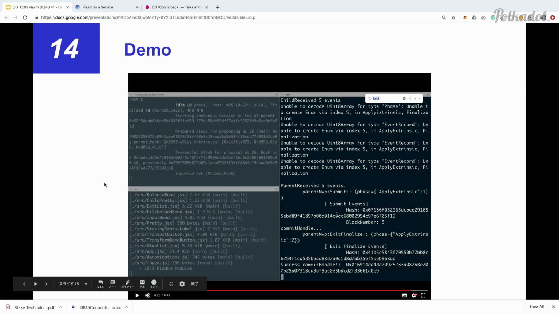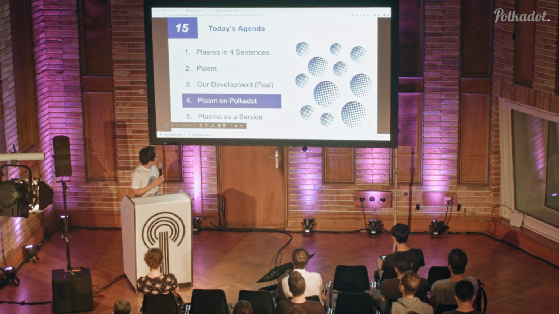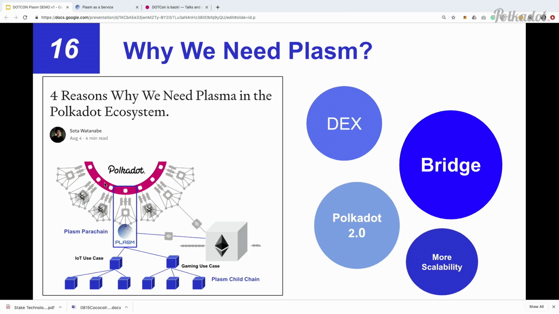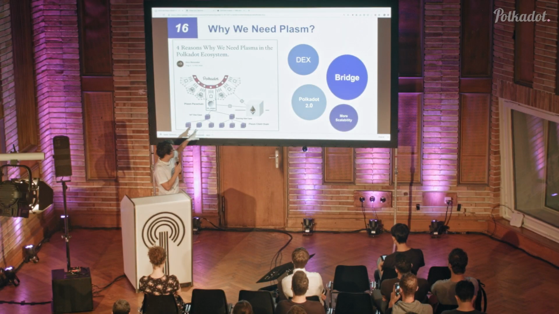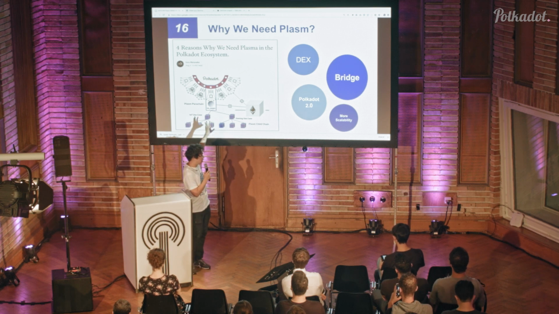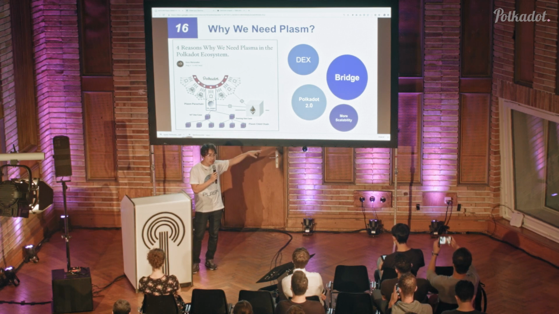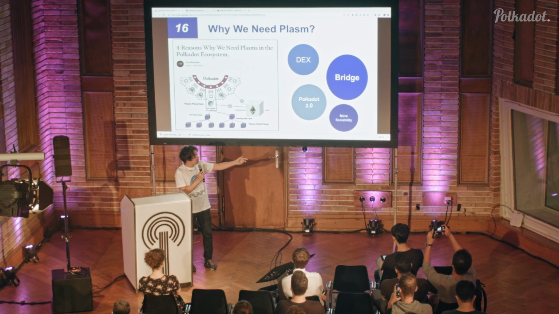All right, so back to my presentation. I will explain why we need Plasma in the Polkadot space. I have written an article about why we need Plasma in the Polkadot space. With this architecture, if Plasma is a parachain, we can make a DEX between child chain and child chain, and we can make a bridge between Polkadot and Ethereum, Polkadot and Bitcoin, Polkadot and X, something.